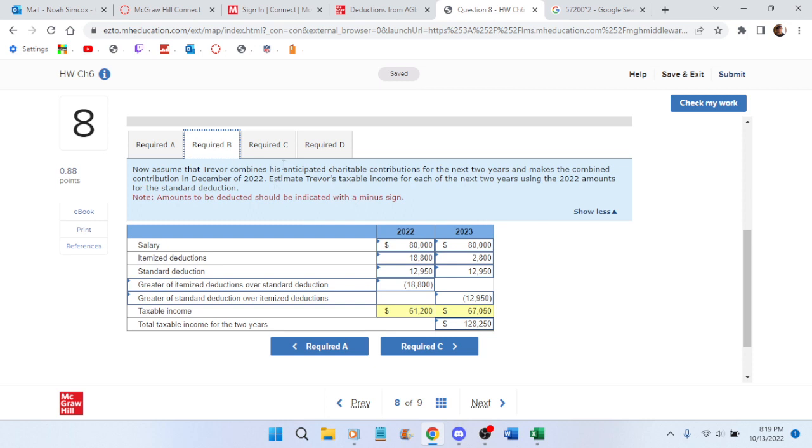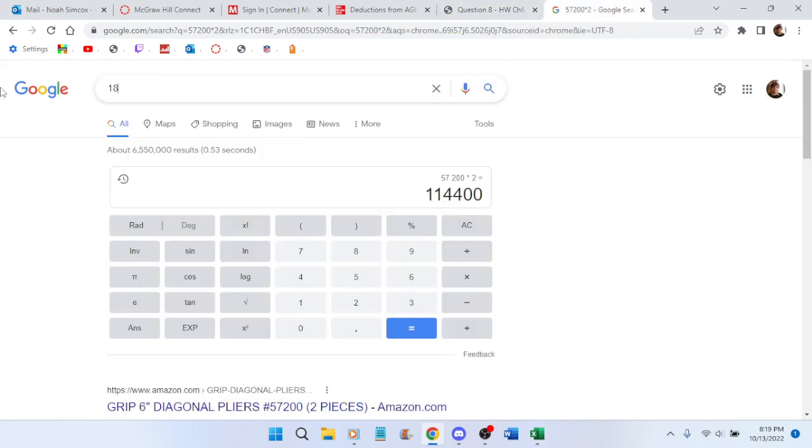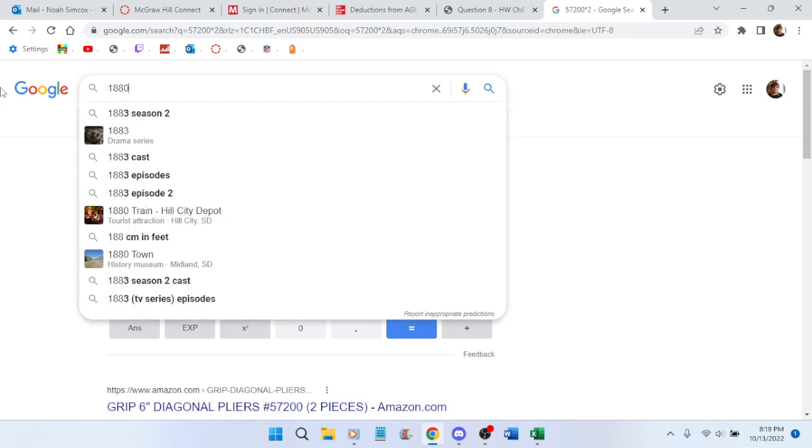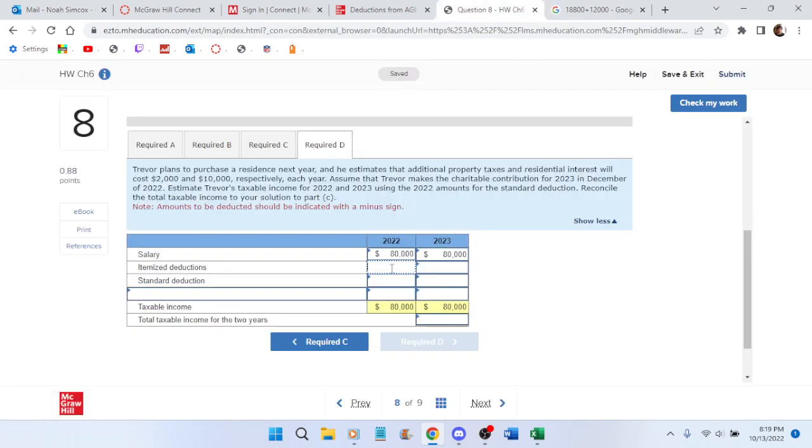So, take the number that you put for B, 18,800, add these two numbers and you should get the answer. So 18,800 plus 12,000, 30,800. There we go.